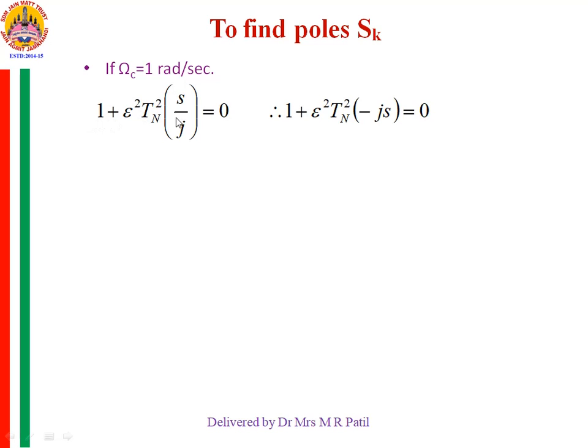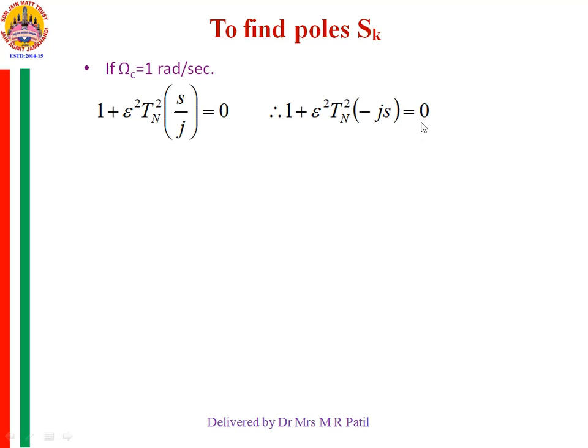So, when we equate this polynomial now to 0, we get 1 plus epsilon square Tn square S by J is equal to 0. Now, 1 by J can be written as minus J. So, this polynomial becomes 1 plus epsilon square Tn square of minus Js is equal to 0.